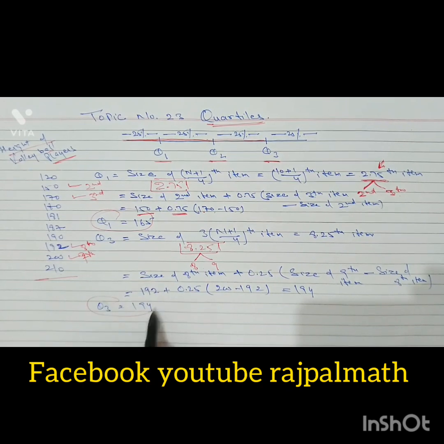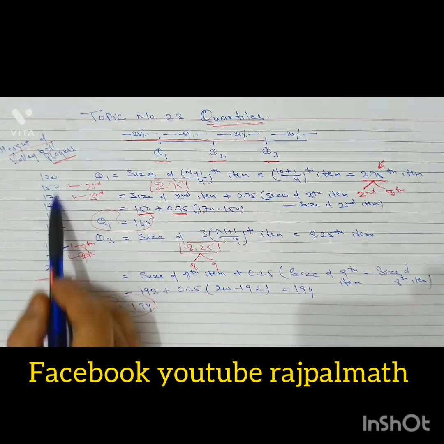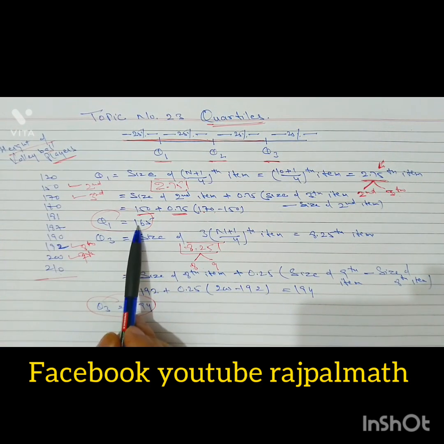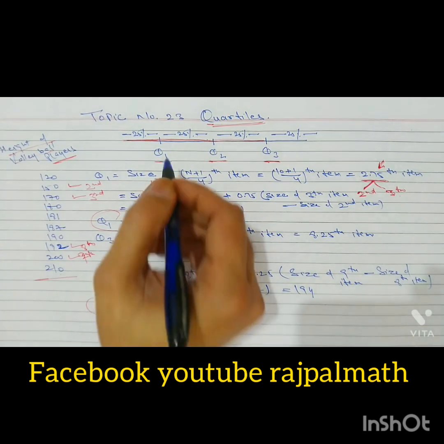Quartile 1, quartile 3. Heights of volleyball players are given. Quartile 1 is 165, which means 25% of the volleyball players are shorter than 165 inches.